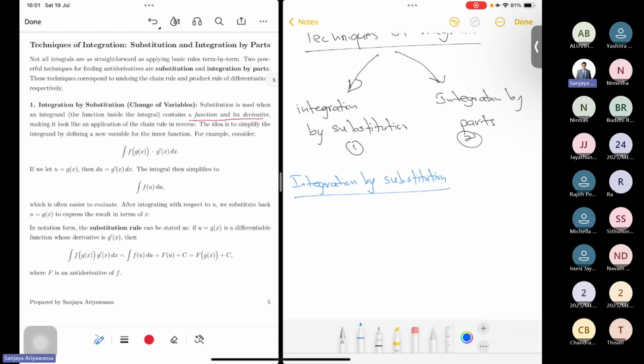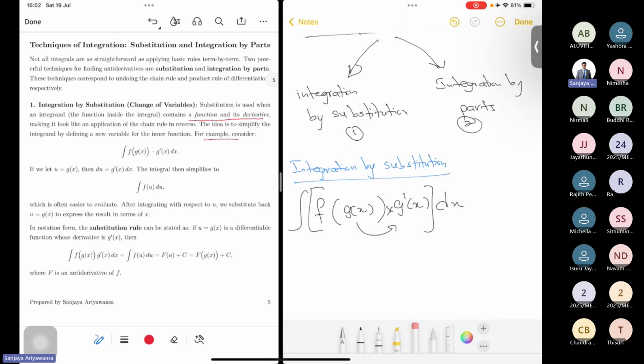So for example, if you have a function, some function such that within that you have another function, and interestingly you see that the derivative of this function is over here. So this is multiplication, and you are asked to integrate this whole thing with respect to dx, right?